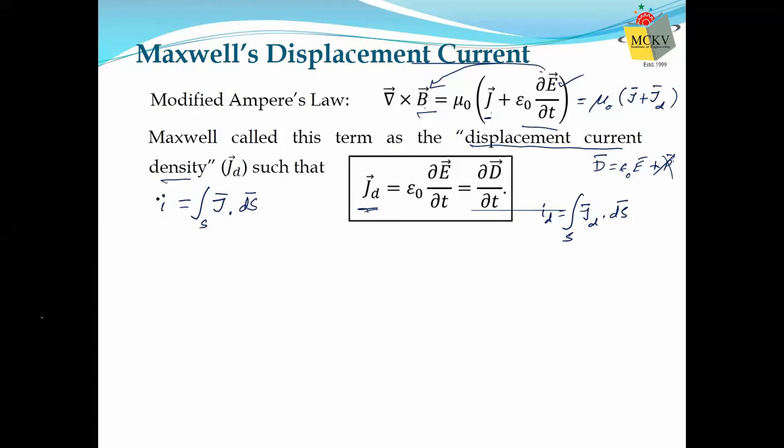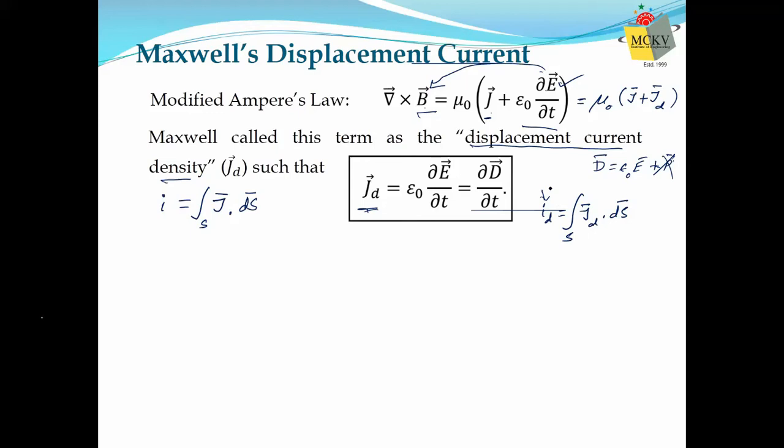Similarly, if we write it this way, we get something called displacement current. Why do I say something? Because it is not actual current. You understand what is meant by current: current means flow of charges.